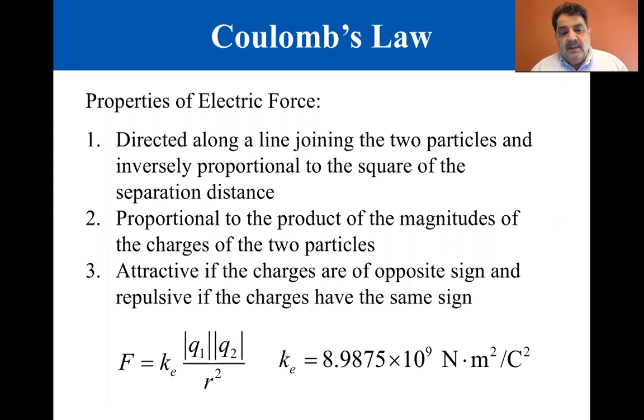So the Coulomb constant is 8.98. You can use 8.99. You can use 9.0. That would probably work too and introduce a little error. 8.99 times 10 to the 9th newtons per meter squared per coulomb squared.